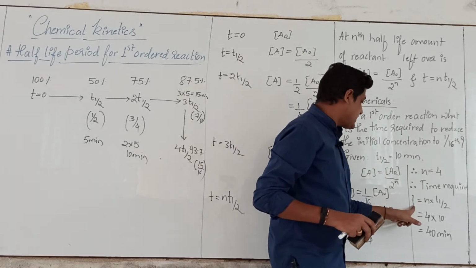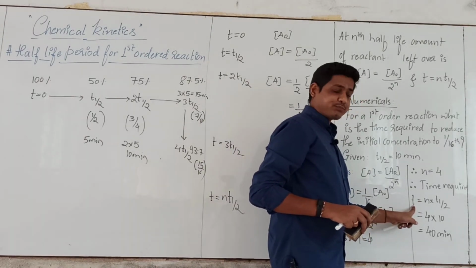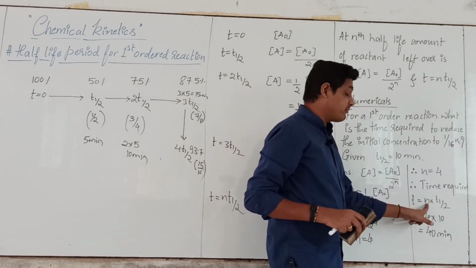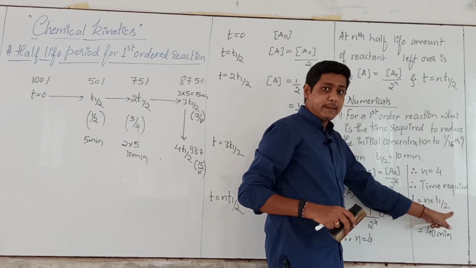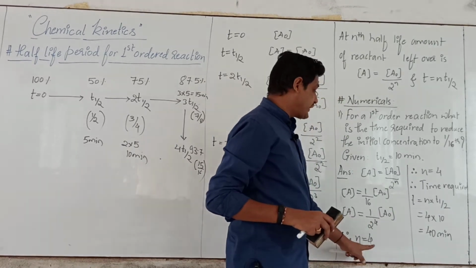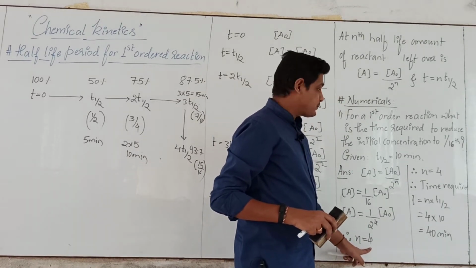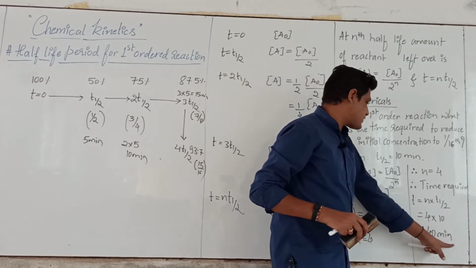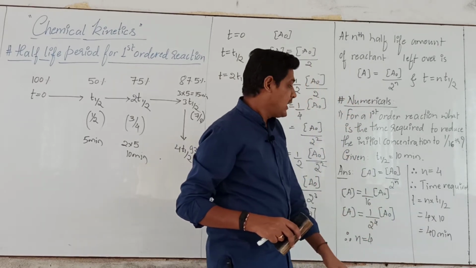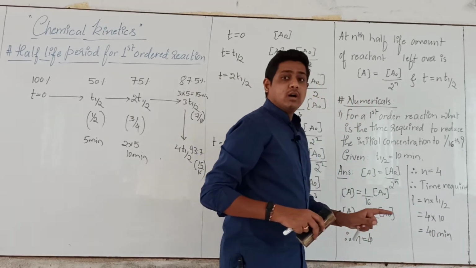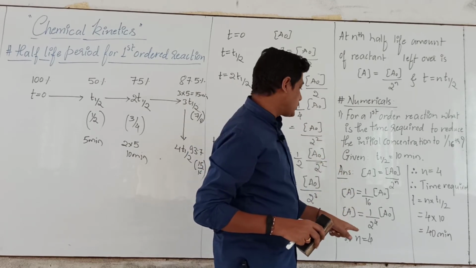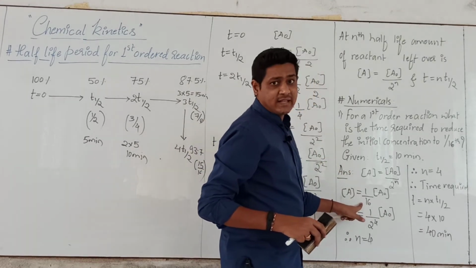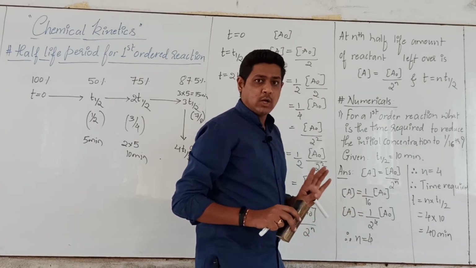We know that the total time required is equal to the nth half-life multiplied by the half-life period. We have already calculated it is the fourth half-life, so 4 into 10, it is 40 minutes. So in 40 minutes the concentration of the reactant is reduced to 1/16th of the initial concentration. I hope you are understanding.